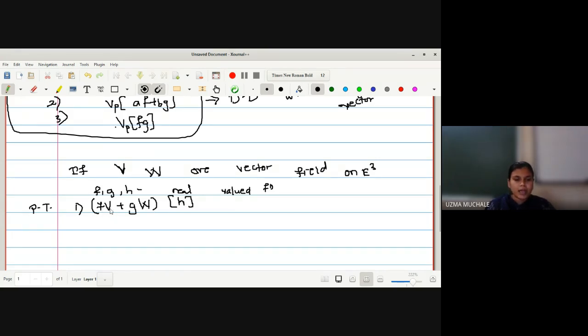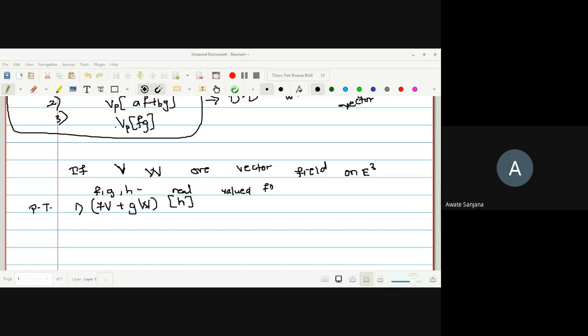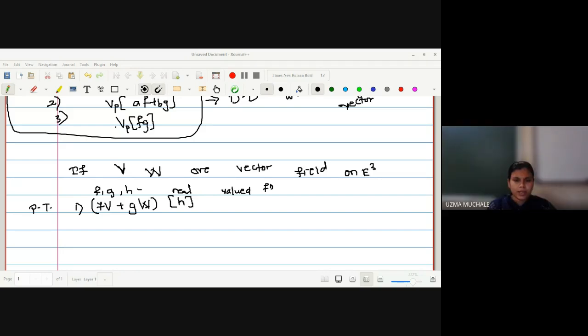Now again, I will ask you, if V and W are vector fields, whether their linear combination is also a vector field? Yes. Why is this possible? Because we have seen already how it is written. I hope you came across the examples also. We have solved the examples on the vector field.